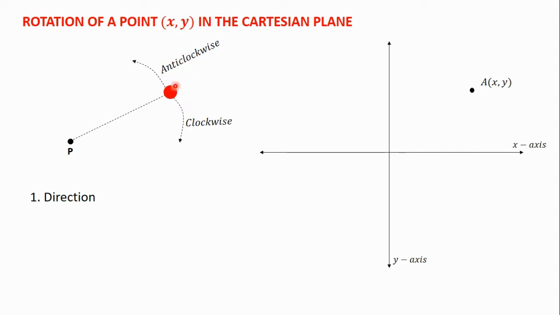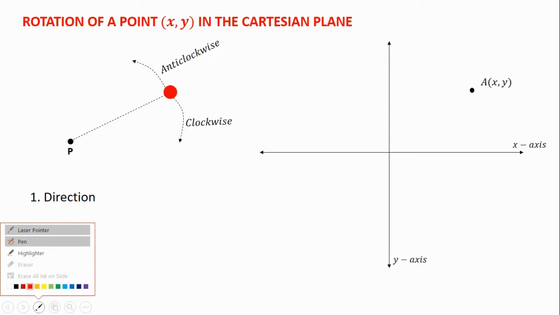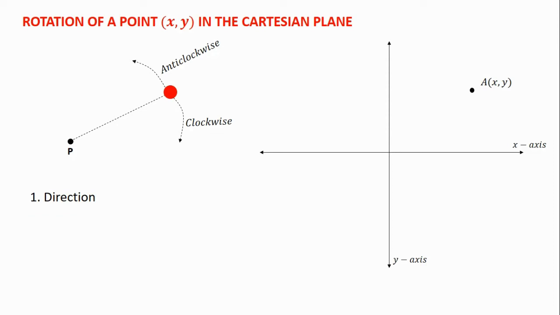So just as we have it here, when we have a point in the XY plane, we can either rotate the point in the clockwise direction, that is in this direction, or the anti-clockwise direction or the counterclockwise direction, that is in this direction. So the final position of the object that is being rotated will depend on, one, the direction of rotation.